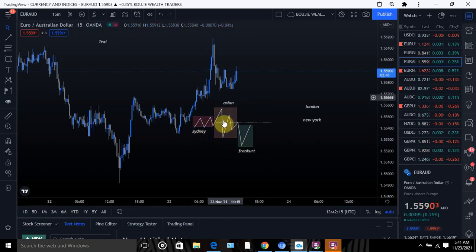The Asian session breaks the low and the high of Sydney, and the Frankfurt either breaks the low or the high of the Asian session. It will depend on the daily bias. I repeat. Okay, so after that, the London forms.